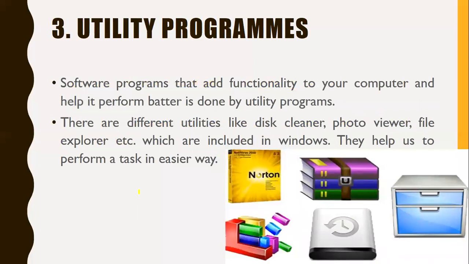The third type of system software is utility programs. Let's discuss what utility programs are. Software programs that add functionality to your computer and help it perform better are done by the utility programs.